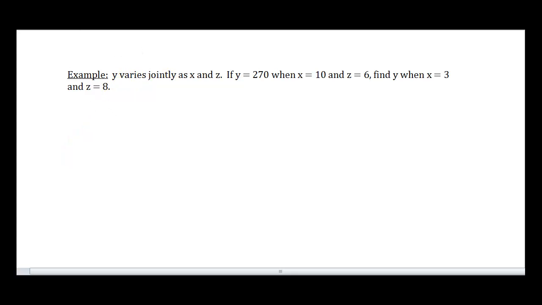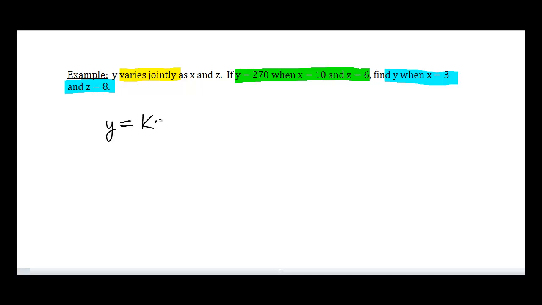So it varies jointly as X and Z. If Y equals 70 when X equals 10 and Z equals 6, those are my first set of values. Find Y when X equals 3 and Z equals 8. That's my second set of values. Okay. So joint variation, Y equals K times X times Z.